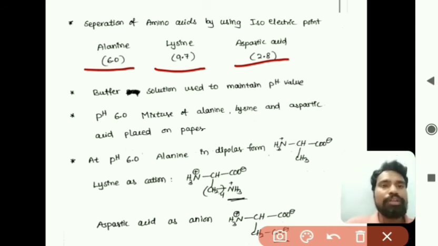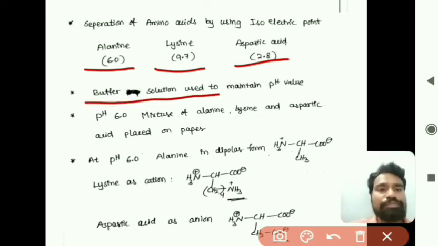So here we will be taking this mixture of these three amino acids on a paper, that is alanine plus lysine plus aspartic acid. This mixture is taken on a paper. Now the pH is maintained at 6.0 through a buffer solution, right?